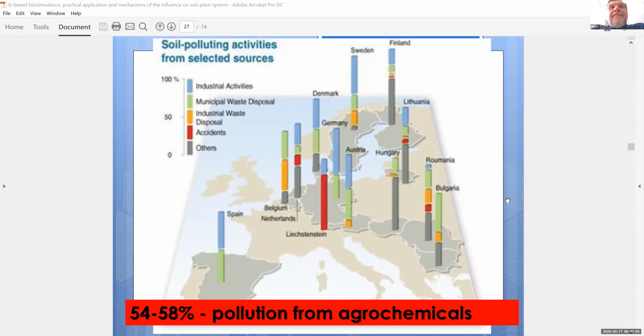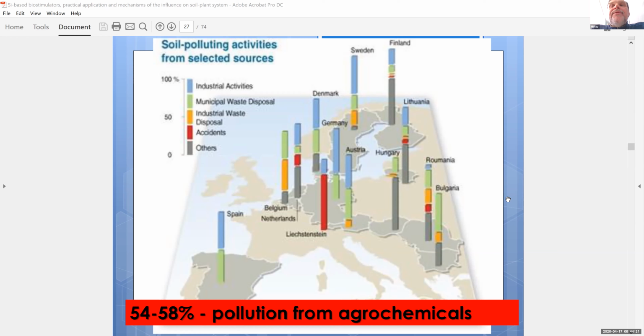And interestingly, before 2012, all environmental organizations said that soil pollution occurs through industrial activity, municipal waste, accidents and others, but nobody declared that pollution can come from agrochemicals.